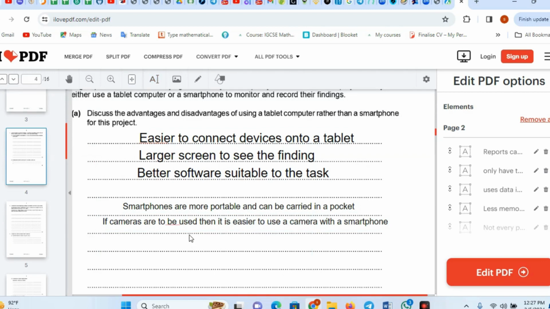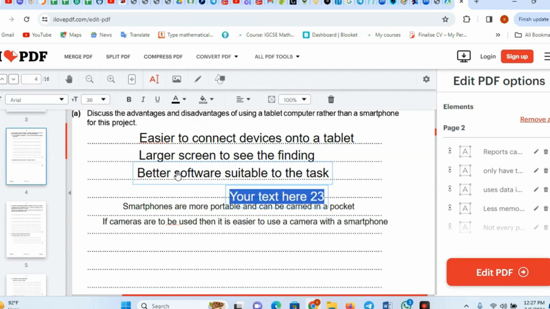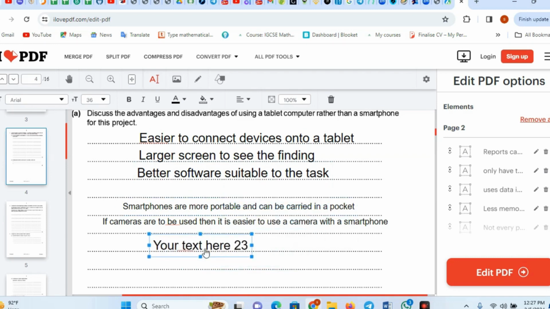The last but not the least, which is the third one, is that students are more likely to have smartphones with them. See, as students, it is easier or more affordable to buy a smartphone than a tablet, because tablets are usually a bit more expensive than smartphones.